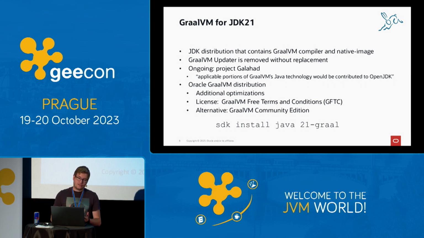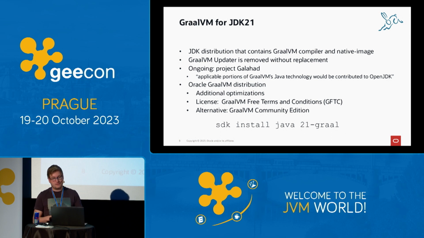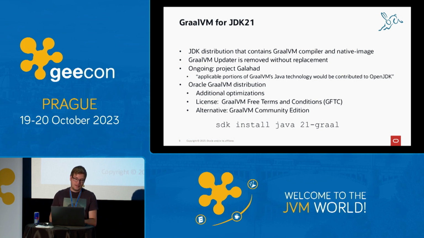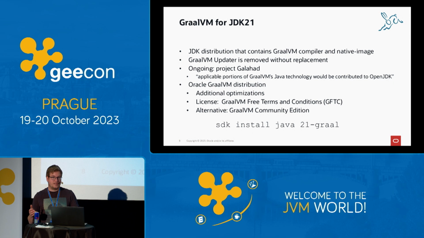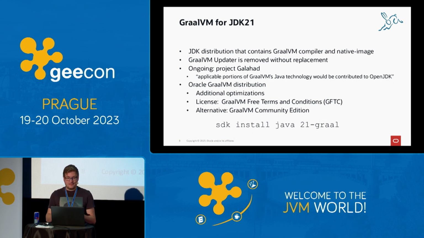First of all, GraalVM for JDK 21 is a JDK distribution that contains the GraalVM compiler and Native Image. And you don't have to install anything else on top of that if this is just what you want. You can think about it as another OpenJDK distribution, like Amazon Corretto or whatever. The GraalVM updater thing is gone.